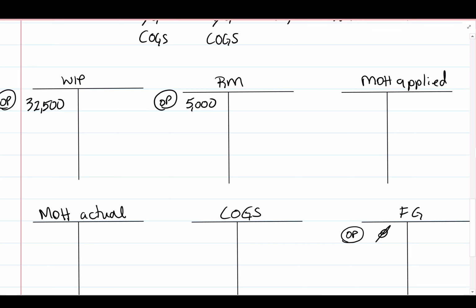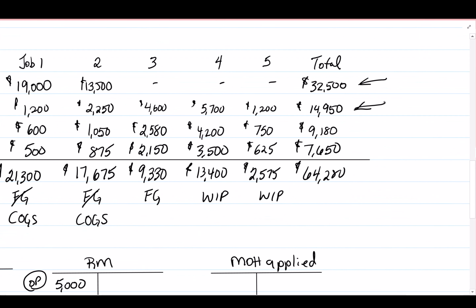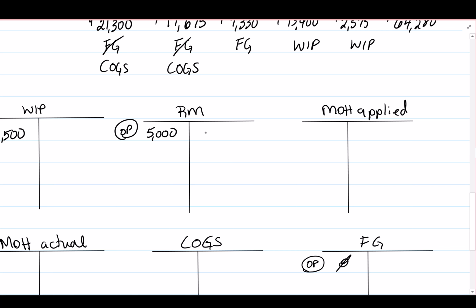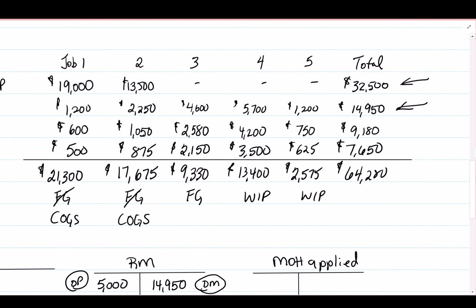All right, what did we say happened? Direct material used, $14,950, because that's what we put up here in our table. $14,950 we used of direct materials. So that came out of raw materials and went to work in process. Direct labor went into work in process, $9,180.